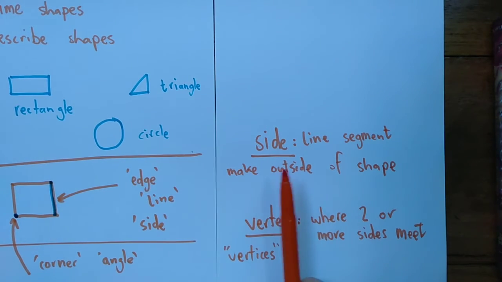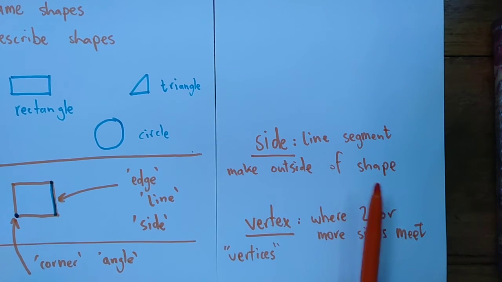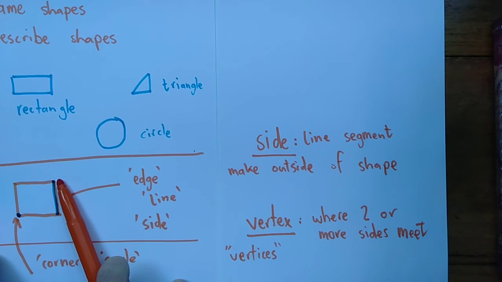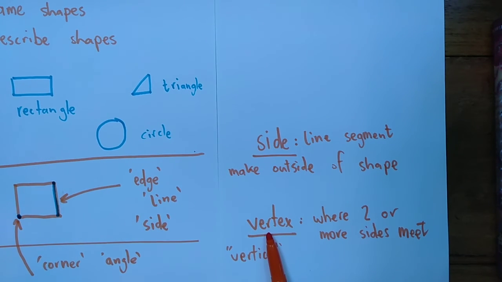So a side is the line segment which makes the outside of the shape. If we look at this square, this side makes this right hand side of the shape, and you can see that, yeah, all those sides make up all the outside of the shape. And the vertex is where two or more sides meet.